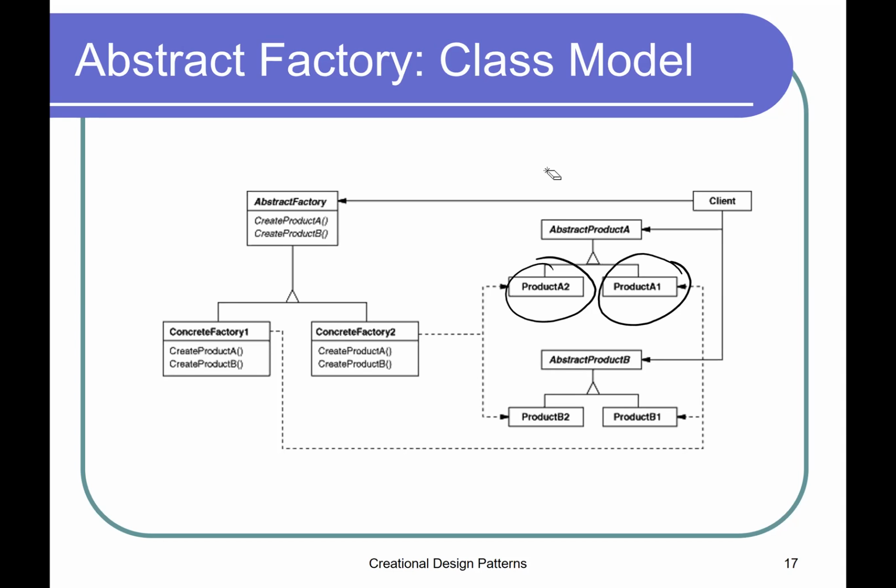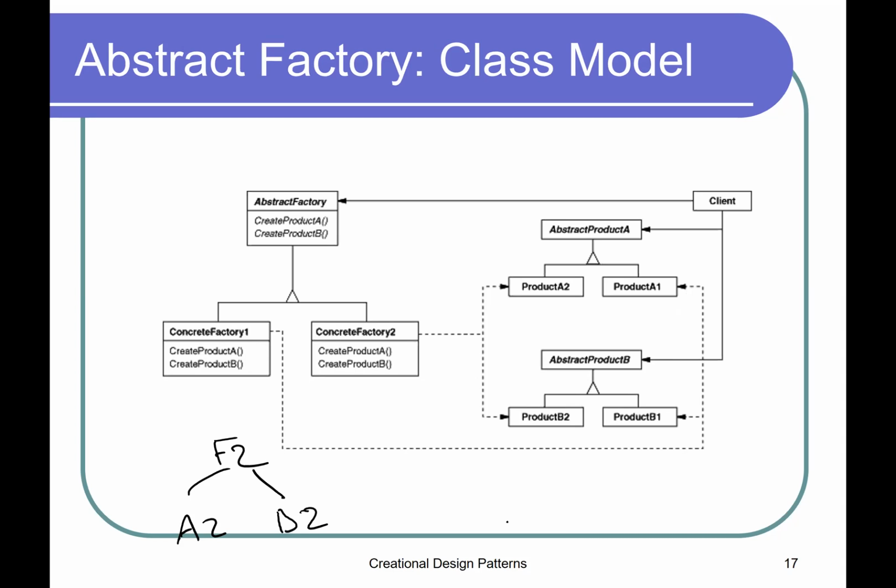Once I ask the factory class to produce something, it knows that it can produce different sets of objects of different types. So in case I wanted A2 and B2, this is what I want, then I choose factory number 2.